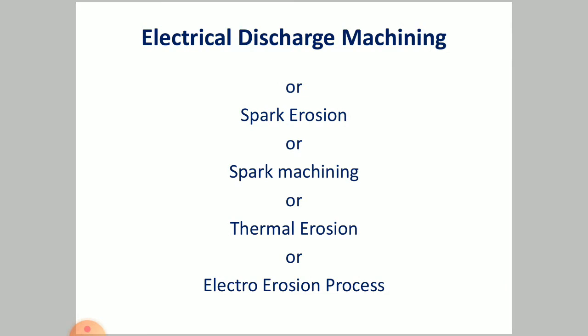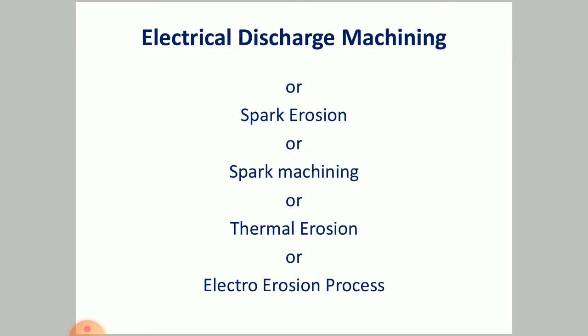Now here you can see on your screen, it is the electrical discharge machining. It is shortly abbreviated as EDM, or else it is also known as the spark erosion machining process, spark machining, thermal erosion, or electro erosion processes.